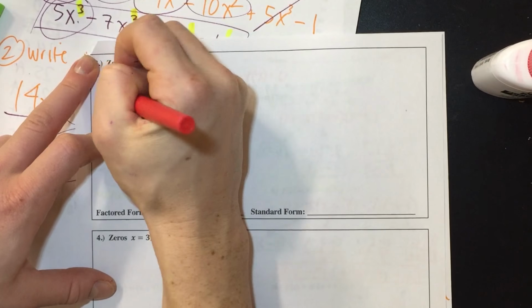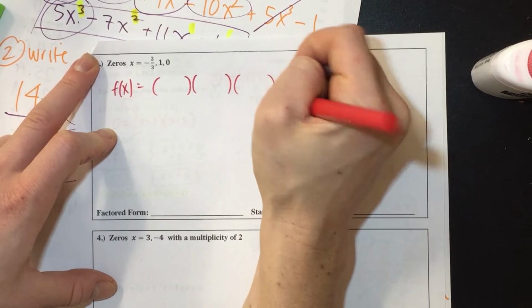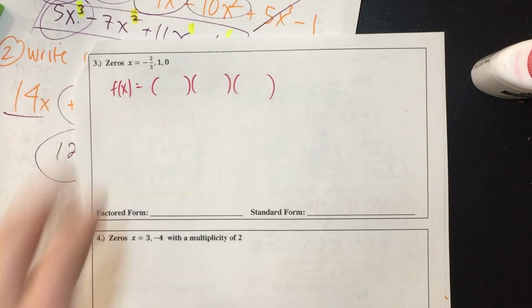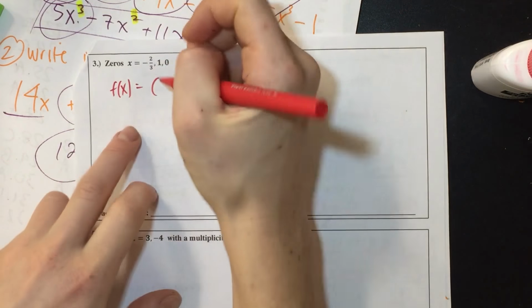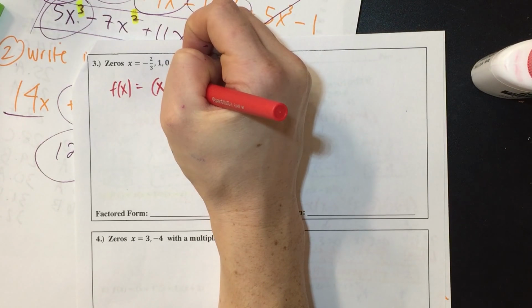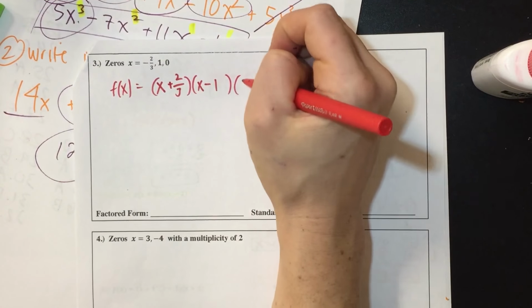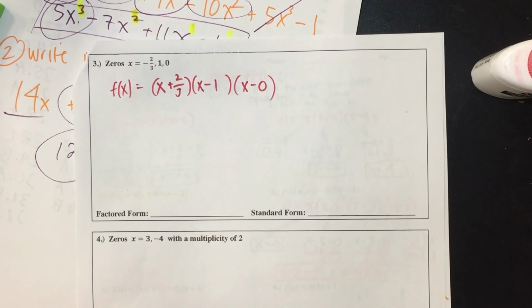Fractions, everybody's favorite. So, f of x equals parentheses, parentheses, parentheses, because there's 3 zeros. X plus or minus 2/3. Yeah, plus 2/3. X take away 1 and x minus 0.